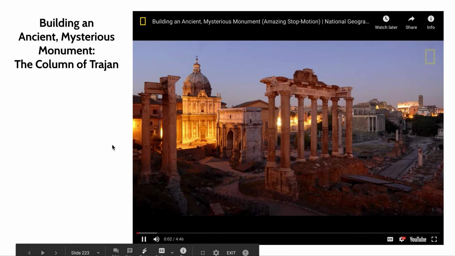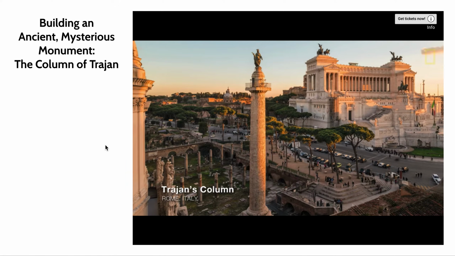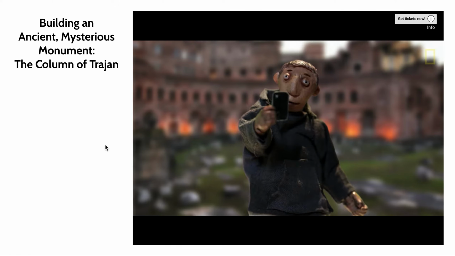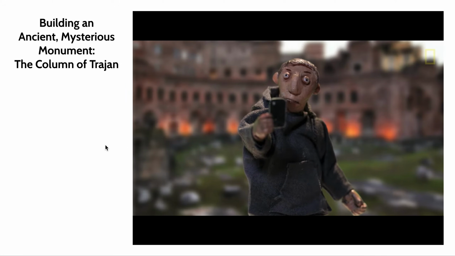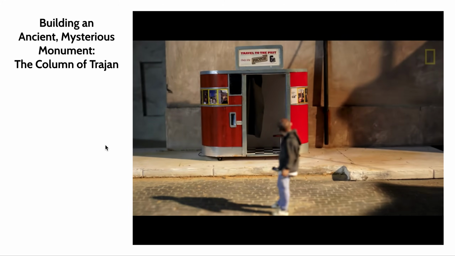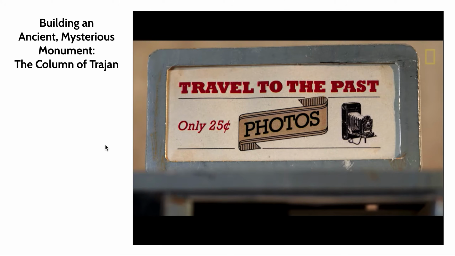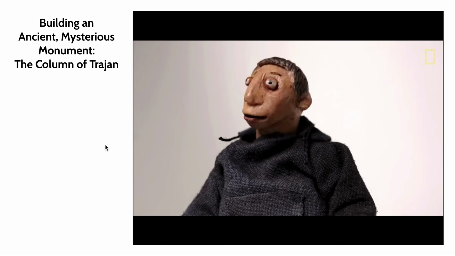In the heart of Rome lies a mystery. Trajan's Column is one of the most impressive monuments to survive the fall of the Roman Empire, and researchers are still trying to understand how it was actually built. If only we could go back in time, we could watch this amazing feat of engineering come together.